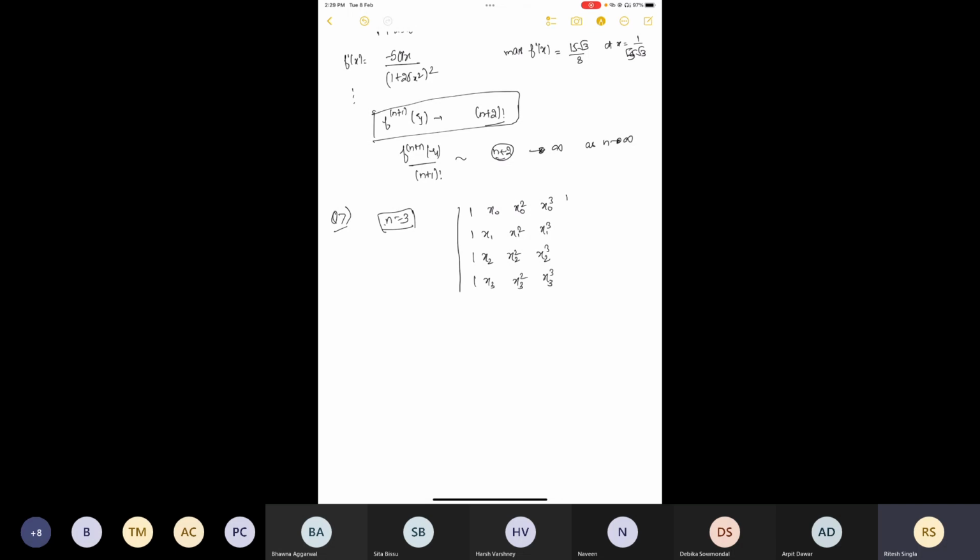So the determinant of x will be this, right?